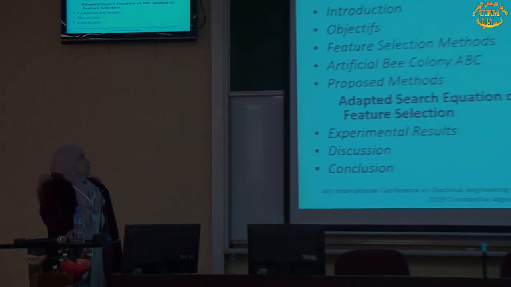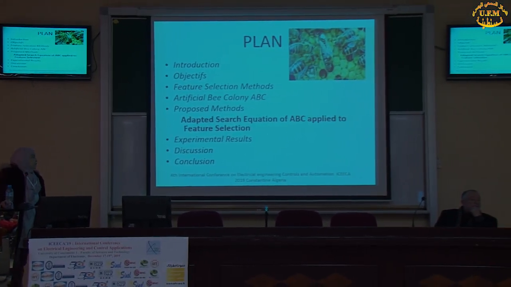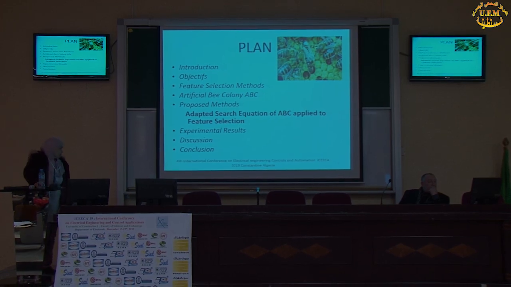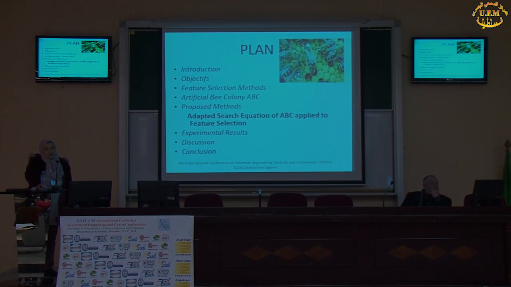After that, I present the proposed method, which is the adapted search equation of artificial bee colony applied to feature selection. We validate our work by experimental results and discuss the final result, and finally conclude.